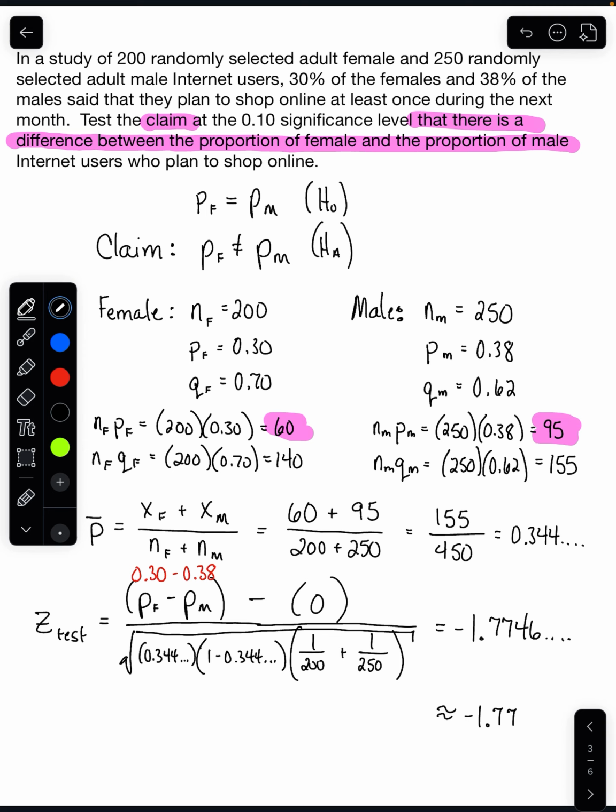Now, at this point, we can choose either to use the p-value method or the rejection region method. The most commonly used, as we've seen through the last unit, the most commonly used method in the real world of statistics is the p-value method. So we're going to lean towards that a little bit more often here.